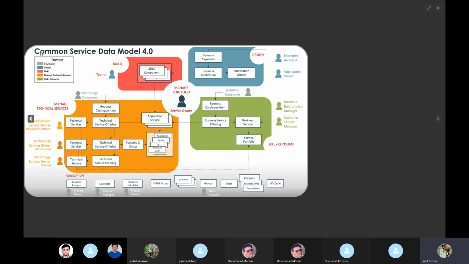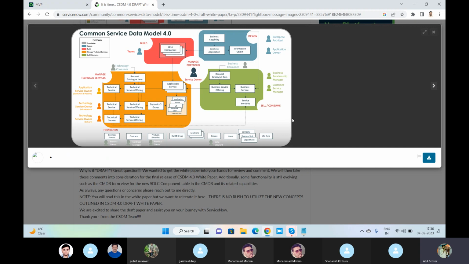The CSDM is a combination of three words: common, service, and data model. Like in an organization, HR is a department which provides services to the IT department, to the accounting department, and to other departments as well.